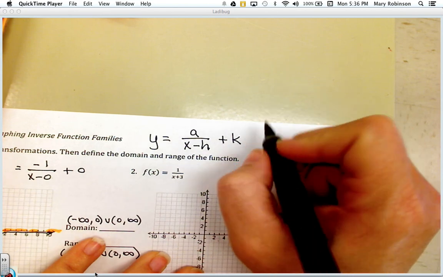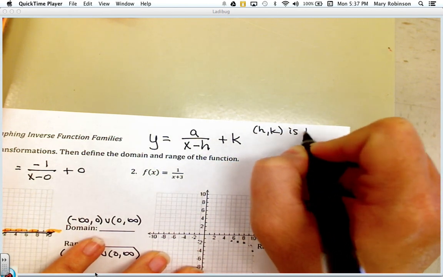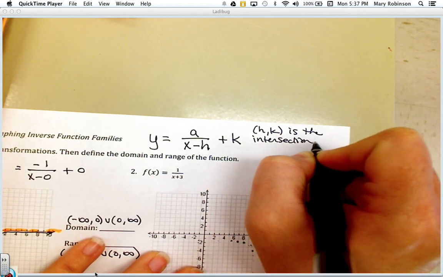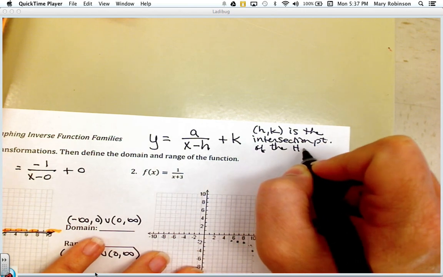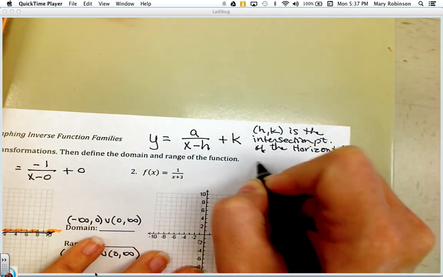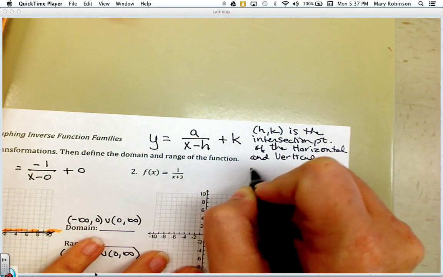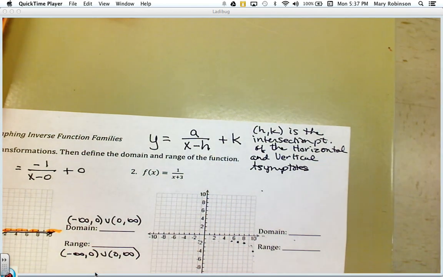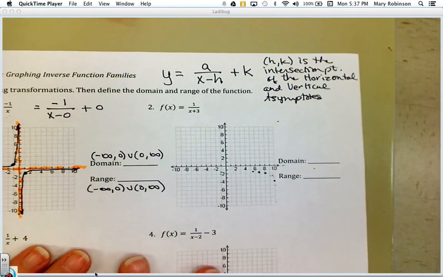In the case of the inverse function, h and k is the intersection point of the horizontal and vertical asymptotes. So h and k is your intersection point of the horizontal and vertical asymptotes.